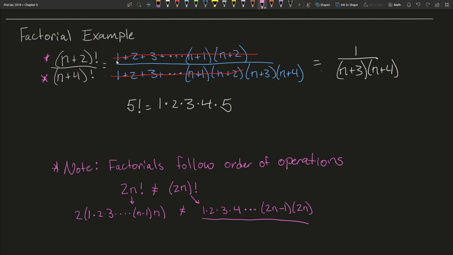Okay, what that means is that we're multiplying every number up until n plus 2 together. So we multiply, oh, these should be, sorry, these should be multiplication signs. I don't know why I'm adding them. I hope that clears it up.